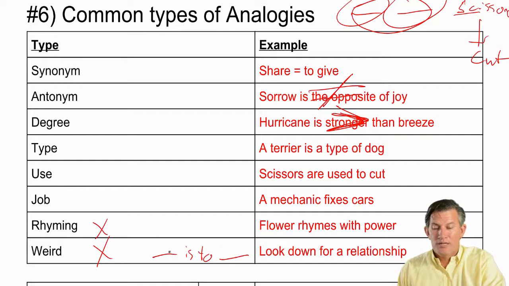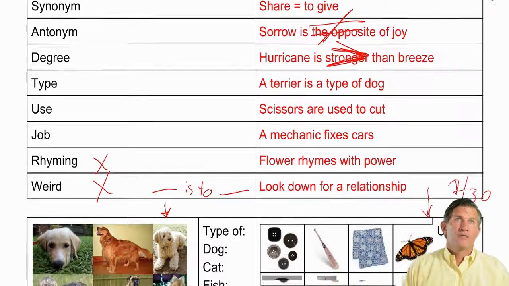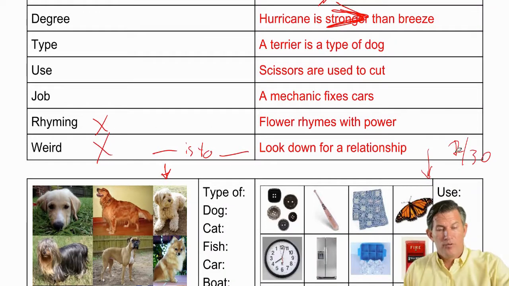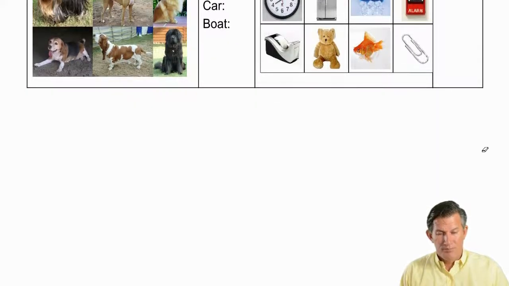These two are not related, and so you have to look down at the choices for the weird ones. This is only going to be like 1 out of 30, maybe 2. Okay? So we talked about the type, the use, and the job.